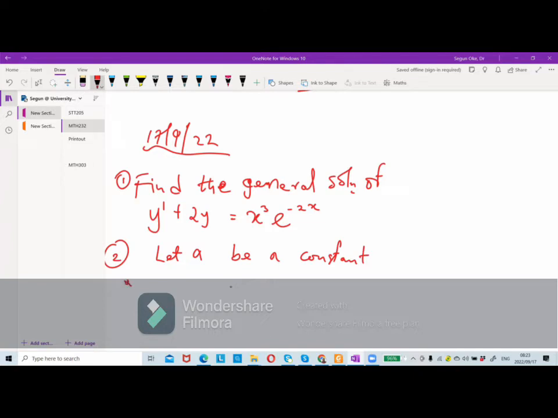Question A now says, find the general solution of y prime minus ay equals 0.